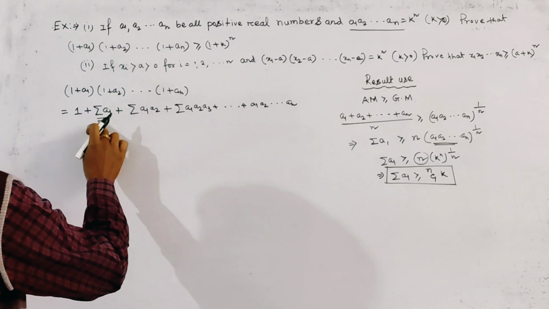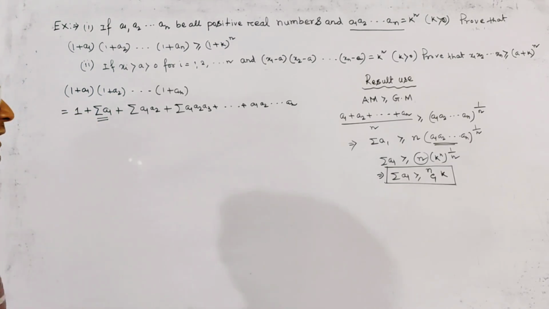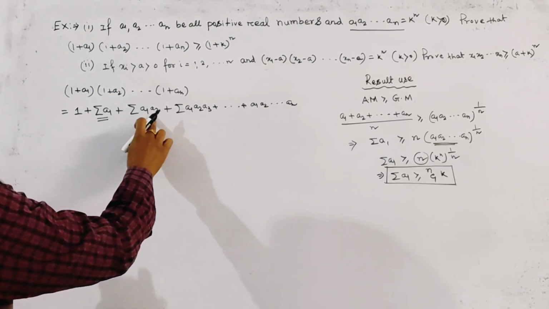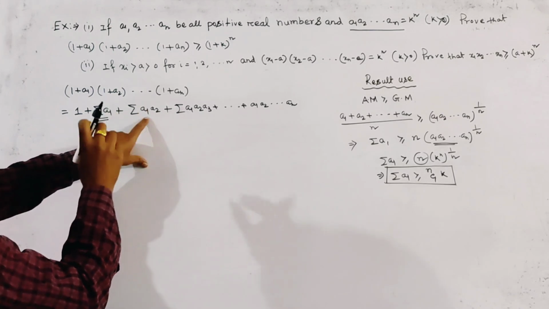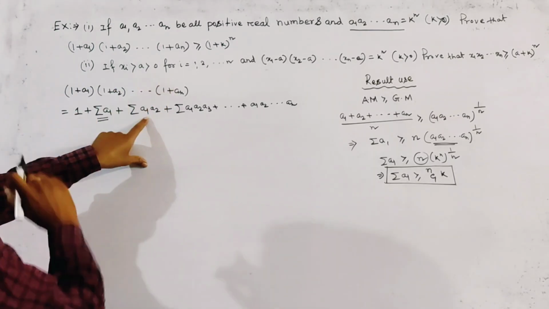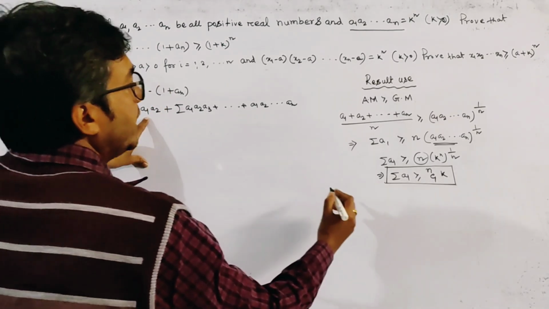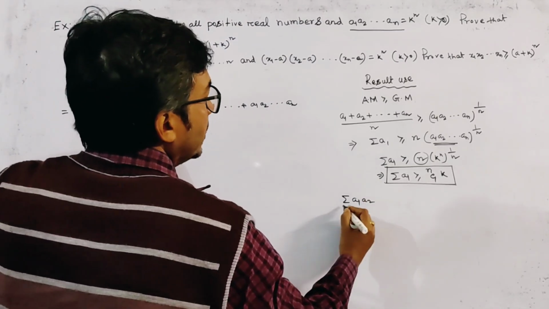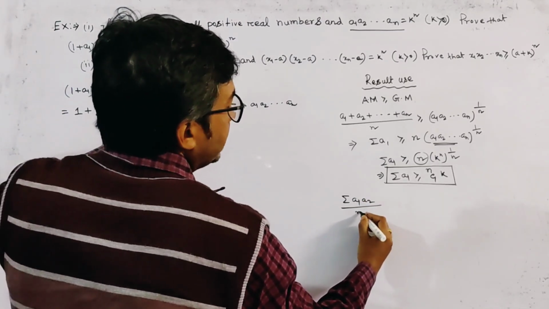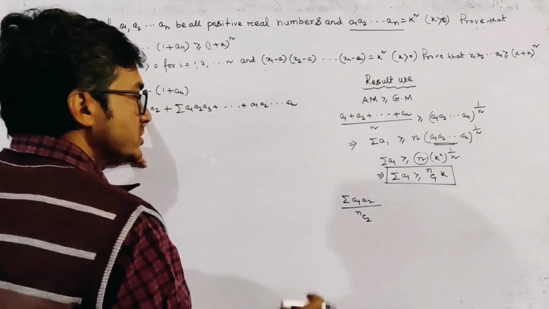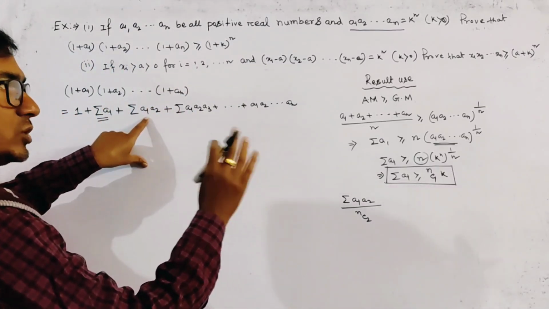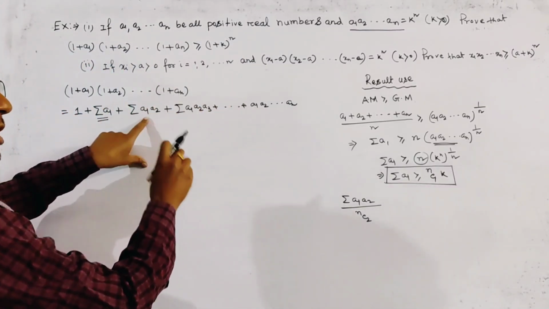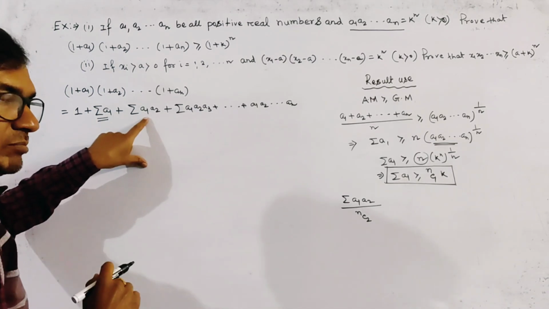Now in place of summation a1, for summation a1 a2, that is, we take two terms at a time out of n terms, we get summation a1 a2 by nC2, because there are nC2 terms if we take two terms out of n terms.